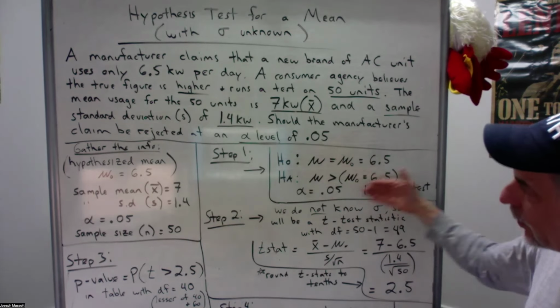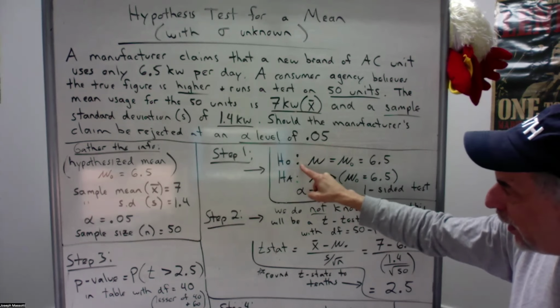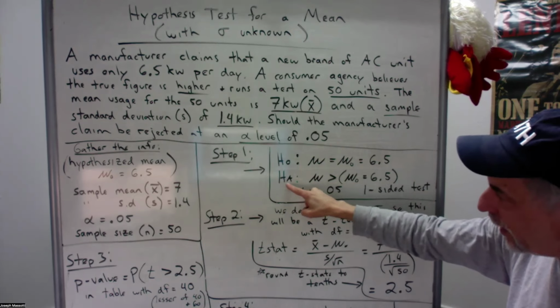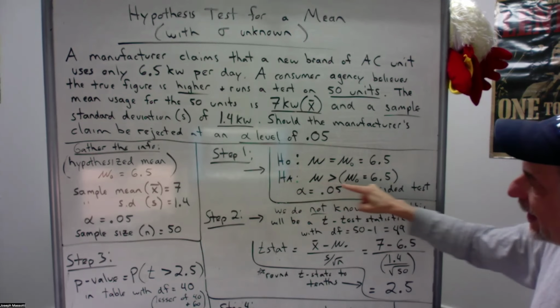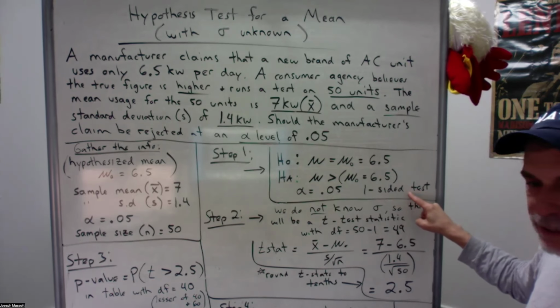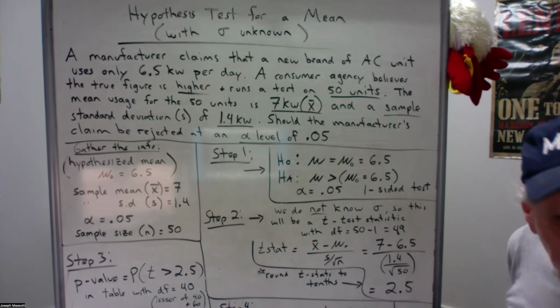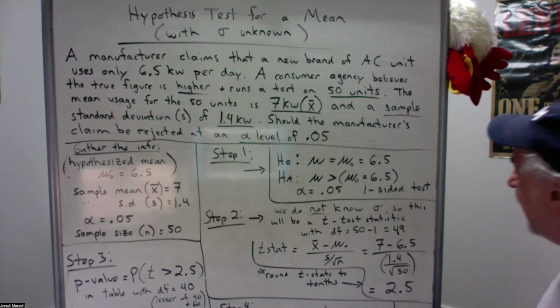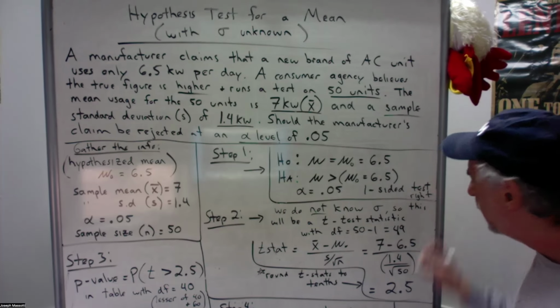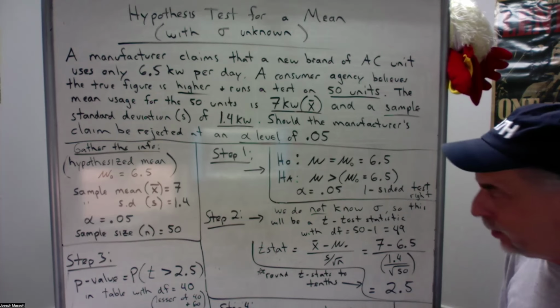That's what you want to gather in your step 1. Null hypothesis, correctly stated. The alternative hypothesis, correctly stated. The significance level, and what sort of a test it is. One-sided, and we should say this is one-sided to the right because we're looking for values greater than 6.5.